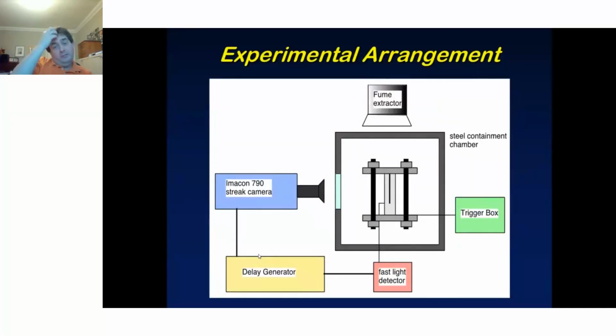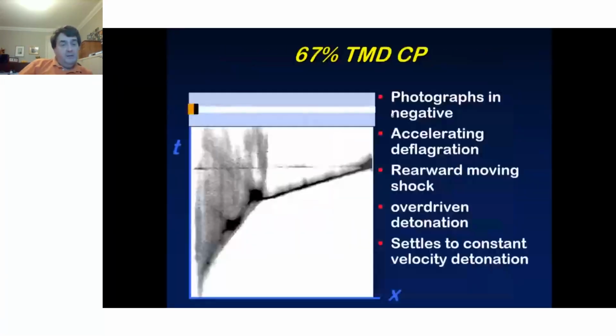You've got your camera, you've got your fiber, your delay generator, trigger box, and an extraction from the fume hood. And what we have here on the top is the image that we're looking at. We're looking at a line along this axis here, and we get the system to start burning, and we get that buildup of reaction.